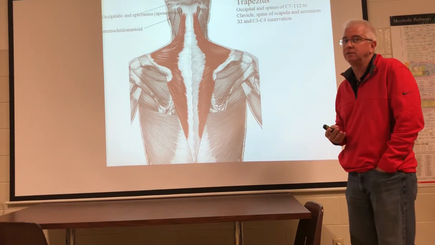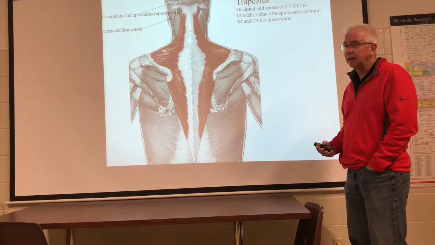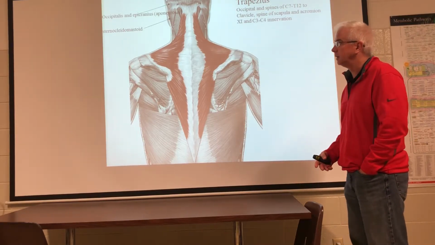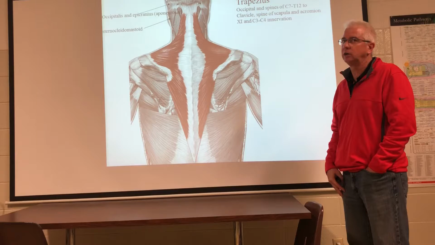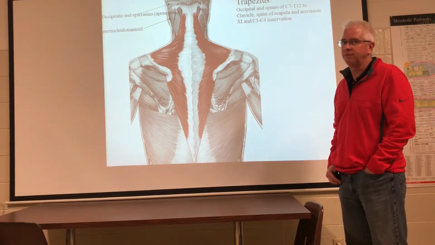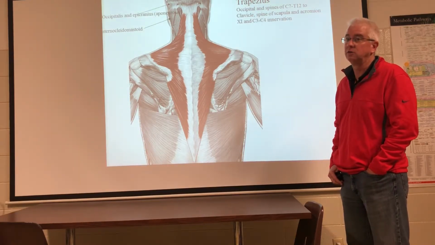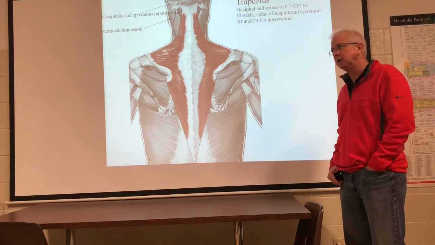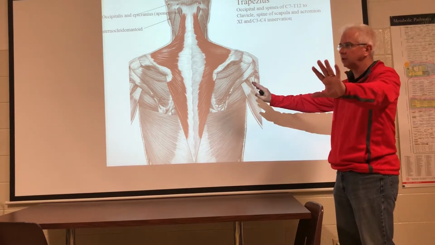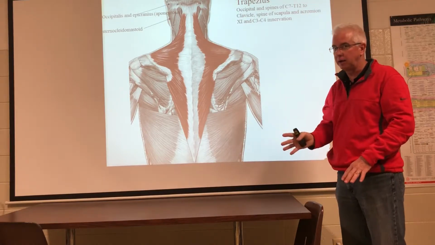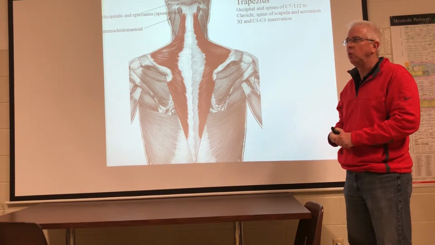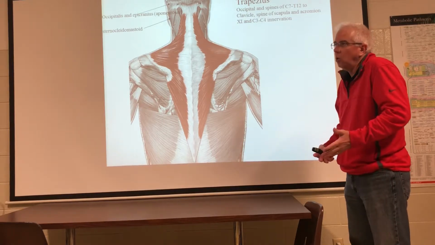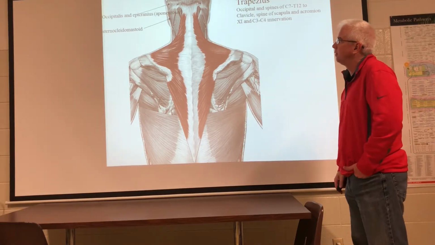I've already run into this because the scalenes are attached to the ribs, which we haven't looked at, no complication there, but they're also attached to the transverse processes of the first 3 cervical bones. So this is going to be a big deal. You're going to have to remember which muscles are attached transverse and which ones are attached to spine. In addition, we will need to learn superficial to deep. So I need to know where on the spine I'm talking about the attachment.